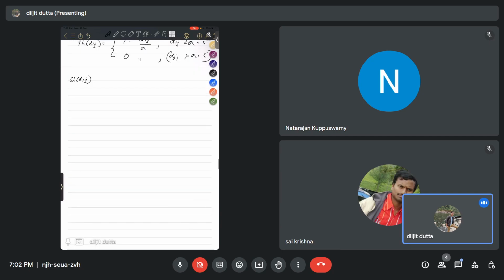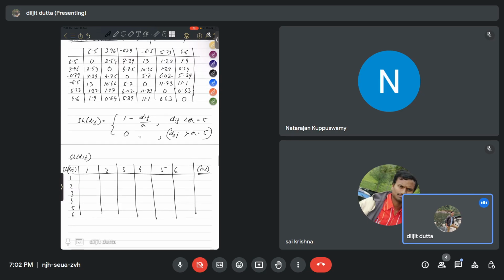So let's construct the matrix. This is our solution 1, 2, 3, 4, 6, and lastly we'll get the niche count. Okay. So for the first one, you can see it is 0.